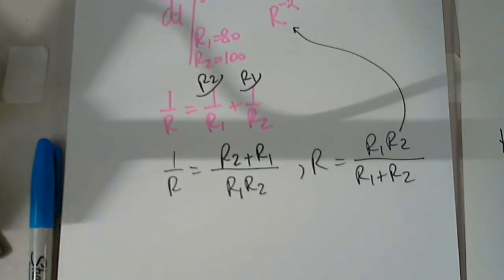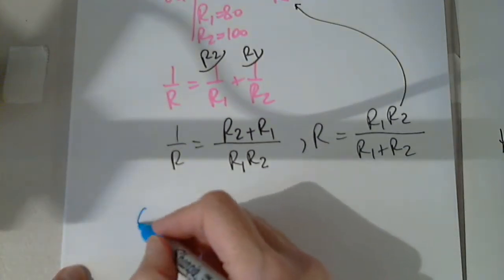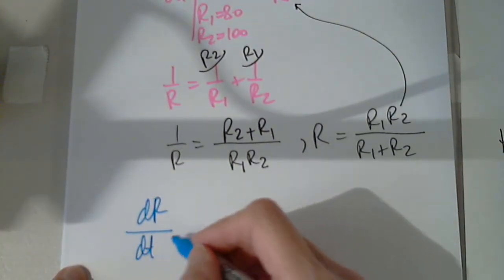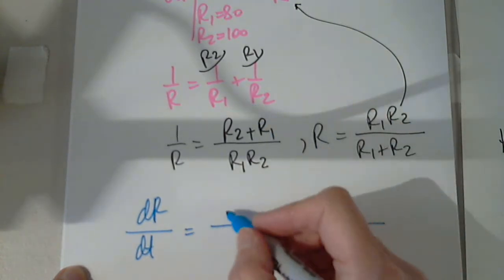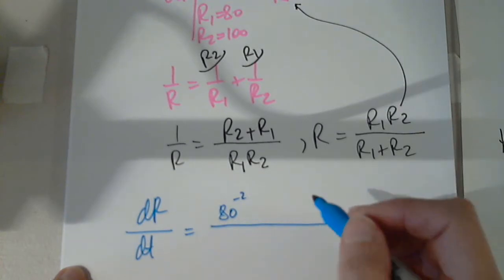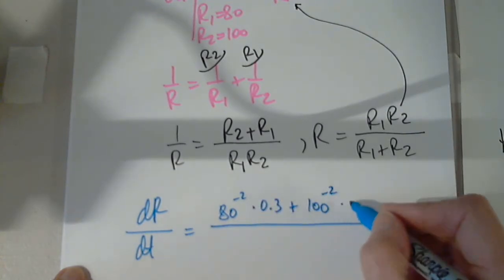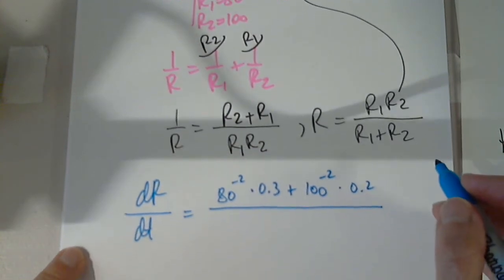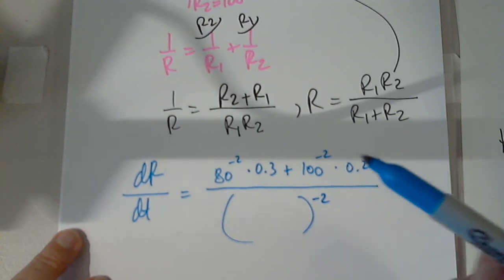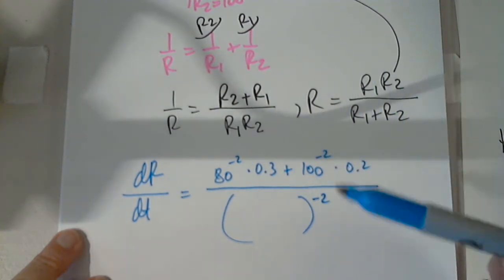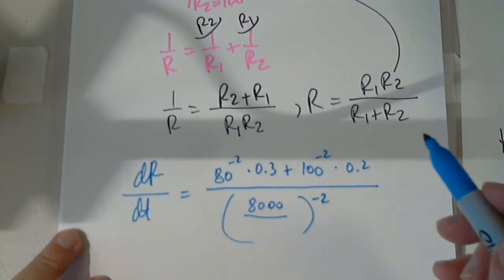So ready to calculate this, I hope. So dR over dt will be 80 to negative 2 times 0.3 plus 100 to negative 2 times 0.2, over 80 times 100 over 80 plus 100, all to the negative 2.